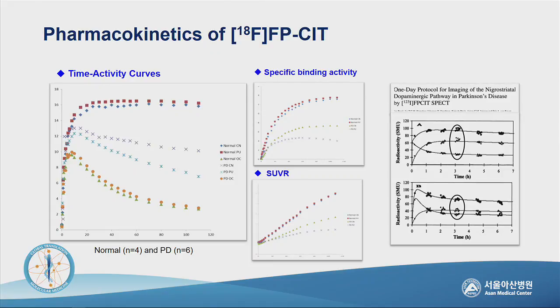The specific uptake curve peaked at about 2 hours in normal control, and the striatal specific to non-specific uptake ratio progressively increases over 2 hours in normal control. This kinetic feature is very similar to iodine 123 FPCIT SPECT, as you can see on the right side. So currently we obtain the delayed FPCIT image at 3 hours post-injection.